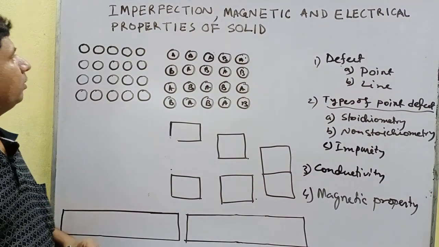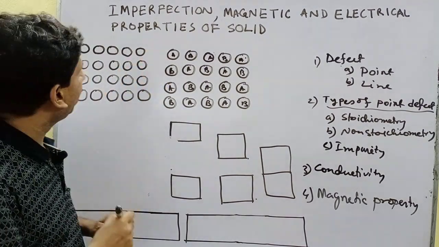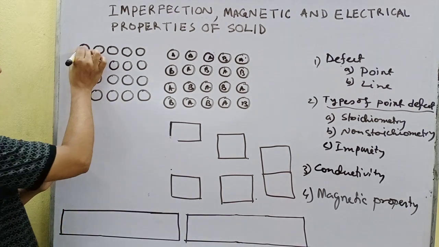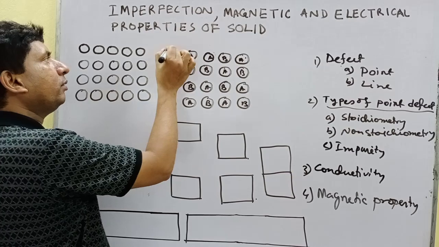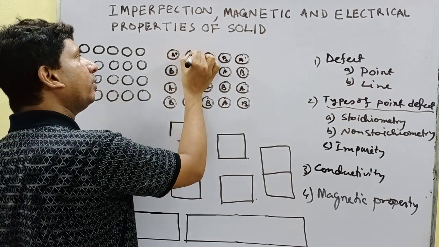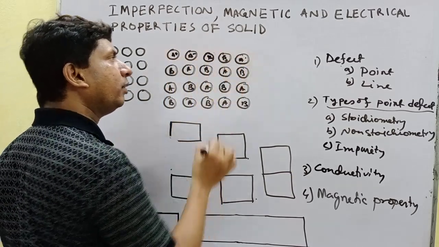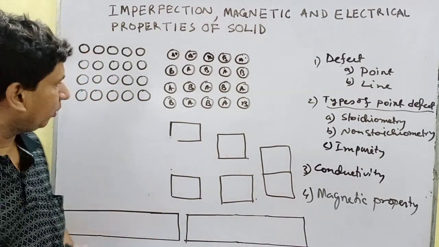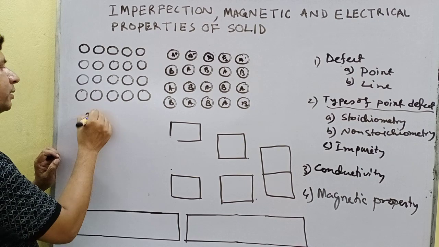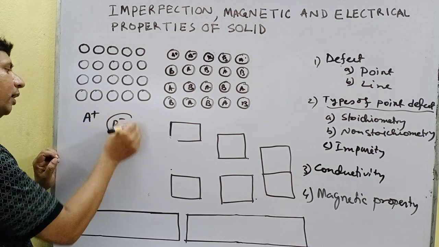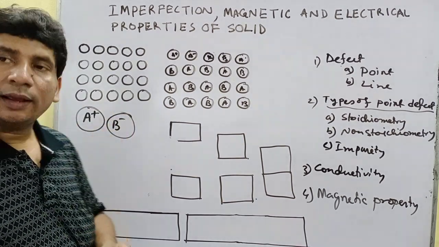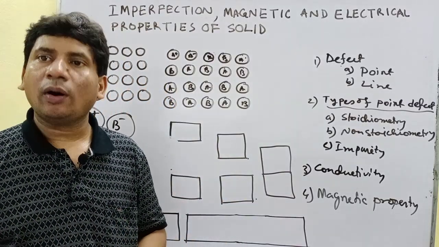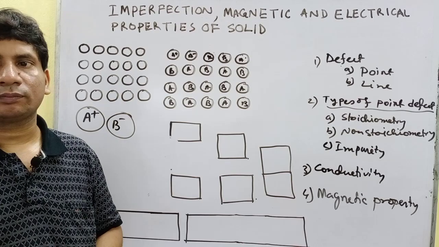Let us consider the ions in alternating order: cation, anion, cation, anion, in this way. Let's consider A is the cation and B is the anion. Then what is the Schottky defect?